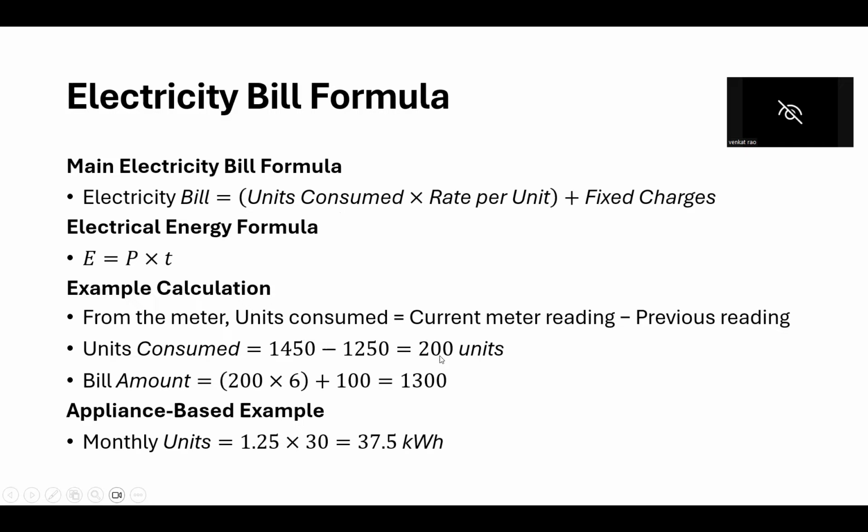So totally this month the household is consuming 200 units of electrical energy. So bill amount is equal to number of units consumed 200 into rate per unit, that is 6 rupees, plus, for example, let us say the fixed charge is 100 rupees. So that is equal to 1300 rupees.